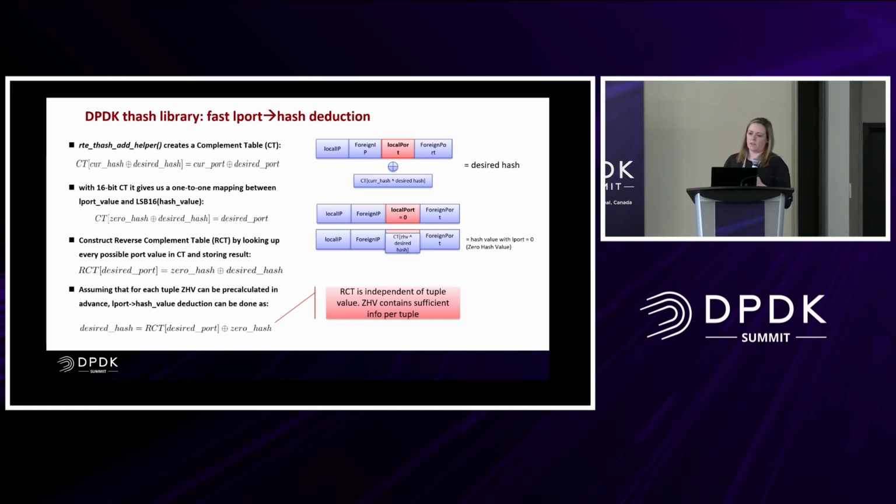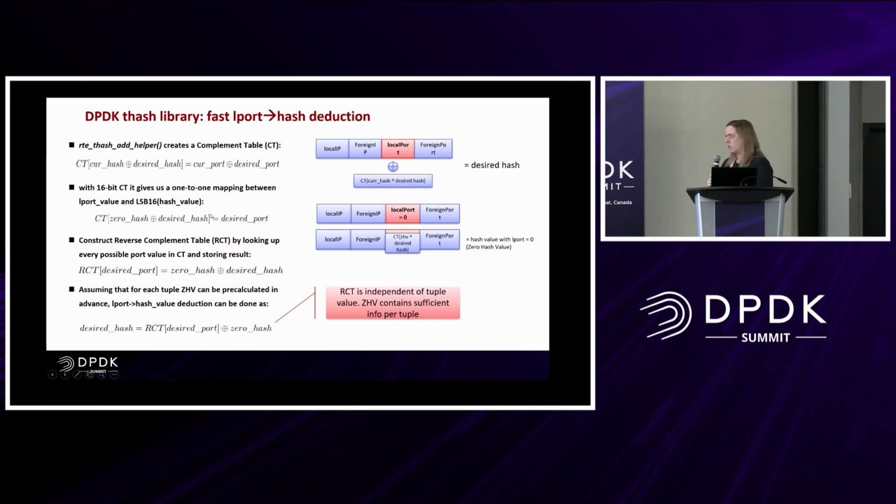If the L port is 0, anything XOR 0 is itself. So we can just substitute this side of the equation directly. That means the new hash becomes the 0 hash value, being the hash value with the L port set to 0. So the 0 hash value XOR the desired hash is going to be very directly our desired port.